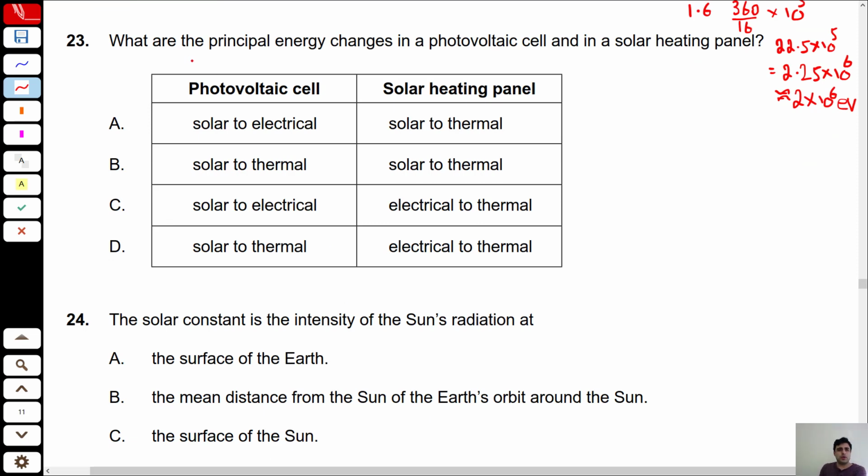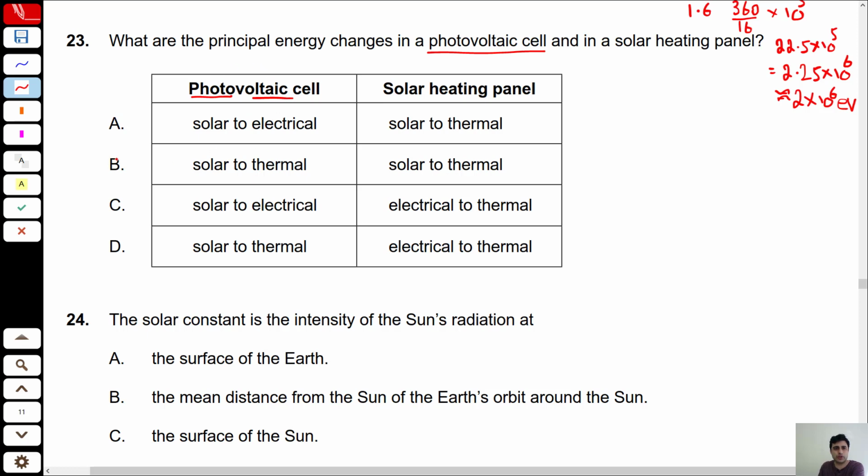What are the principal energy changes in photovoltaic cells and solar heating panel? Okay, so photovoltaic means photo means light. Voltaic comes from the electricity, so it has to be light or solar energy to electric. So solar to electric is photovoltaic cell.